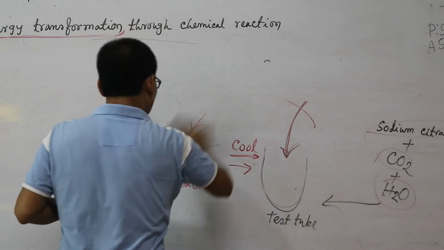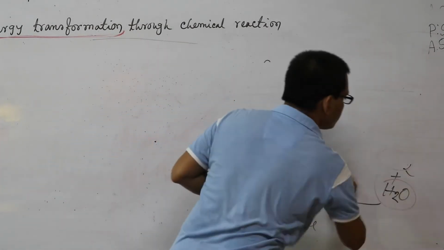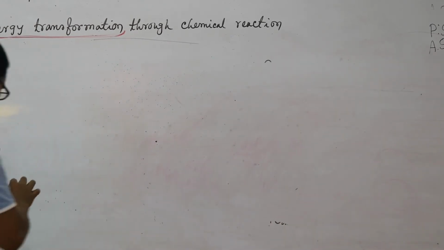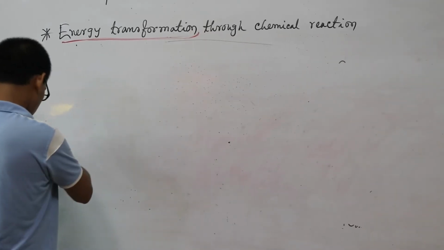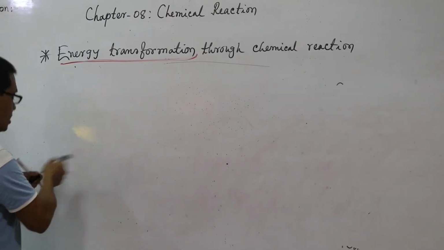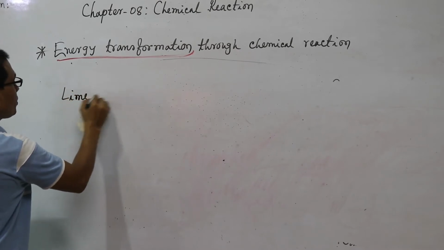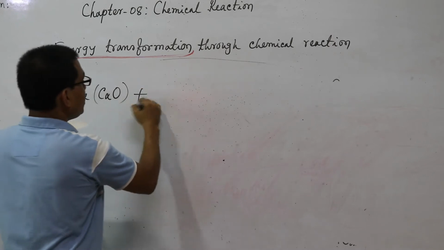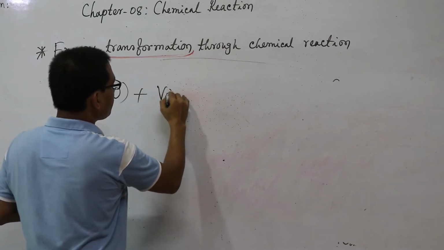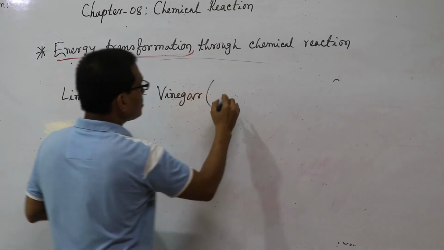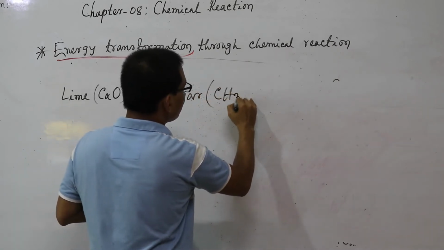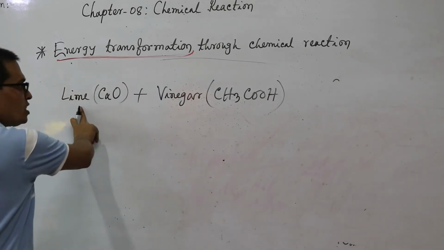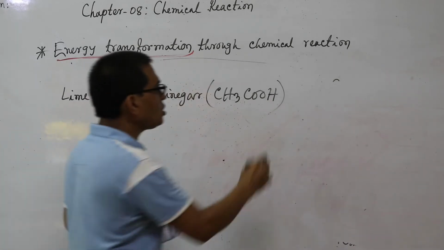Now, another reaction. Take lime, that means calcium oxide, and vinegar, that means acetic acid. Take lime, calcium oxide, and vinegar in a pot.